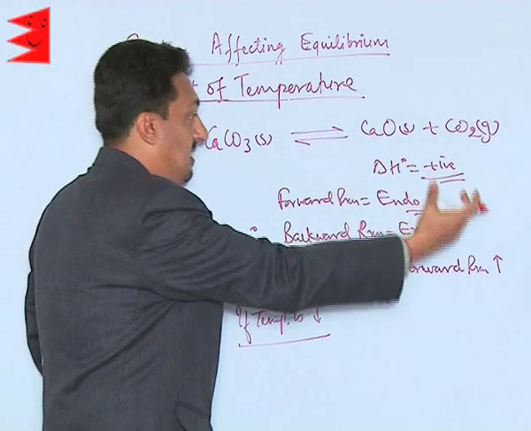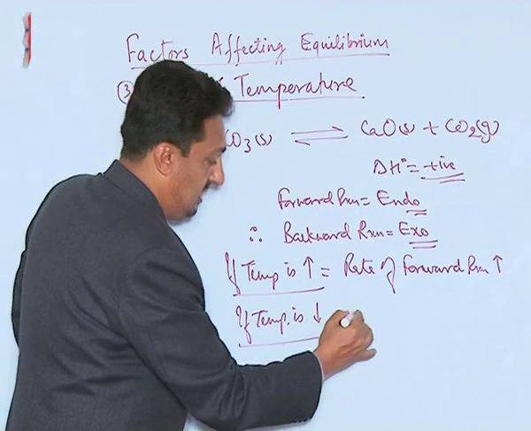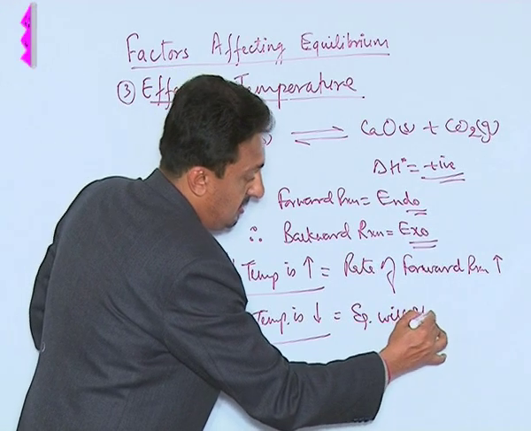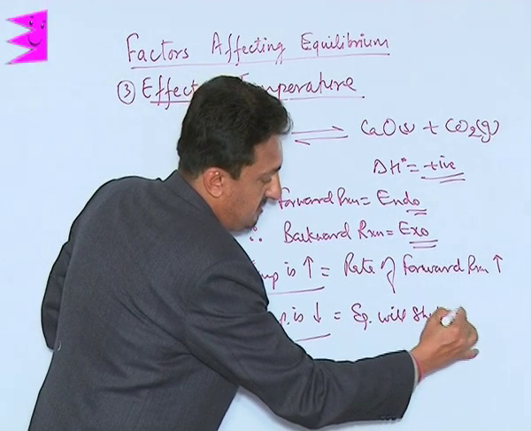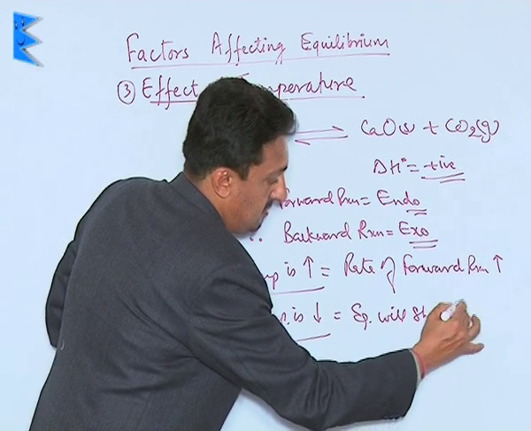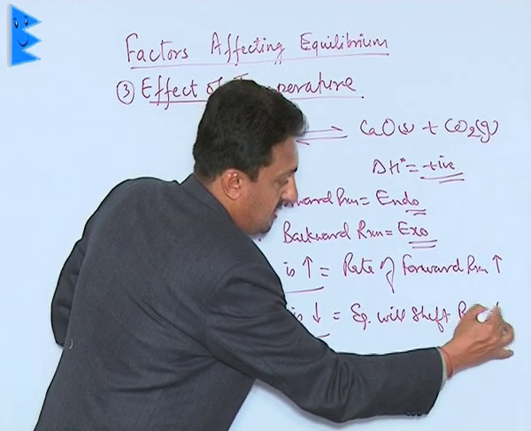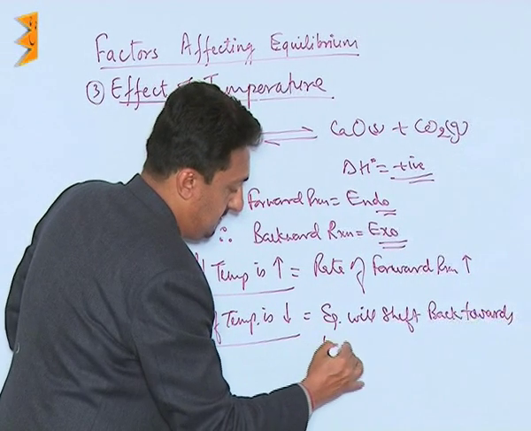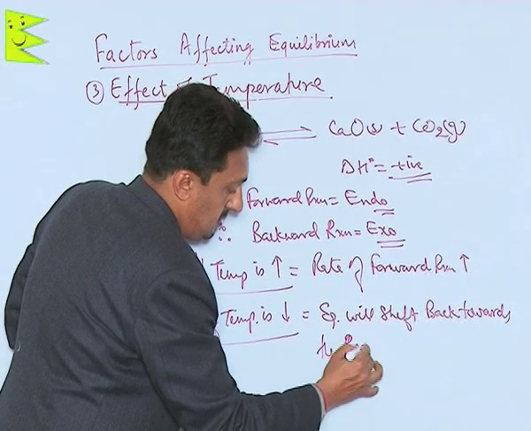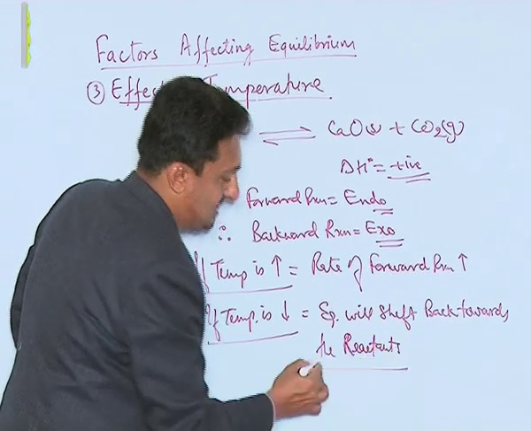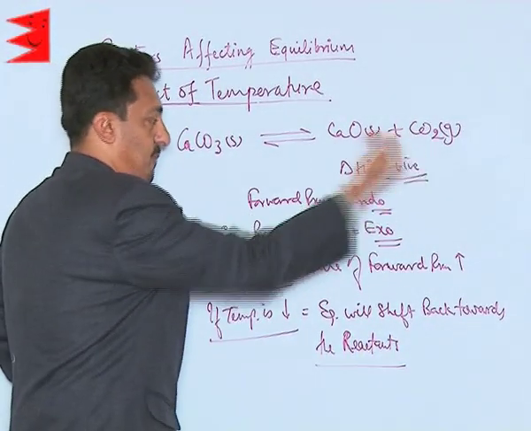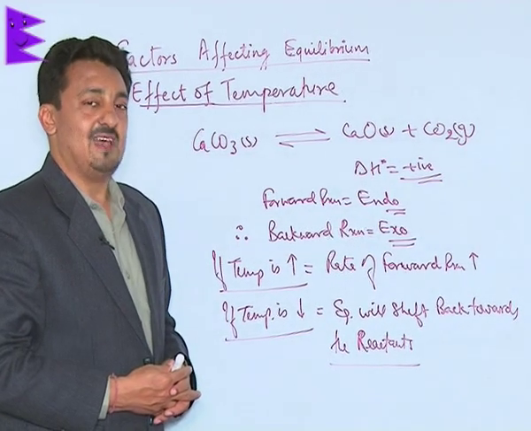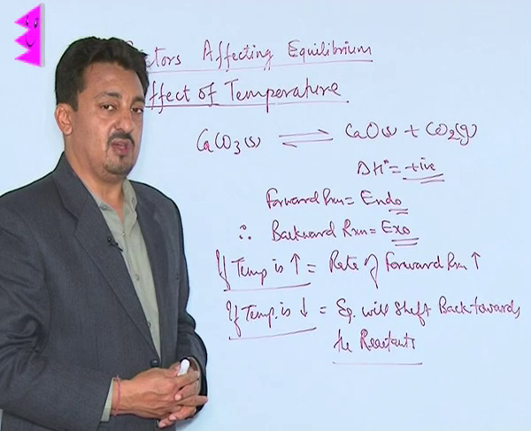It means we are favoring the backward reaction. The equilibrium will shift back towards the reactants because rate of backward reaction gets increased. So this is how we can easily understand the effect of temperature on equilibrium.